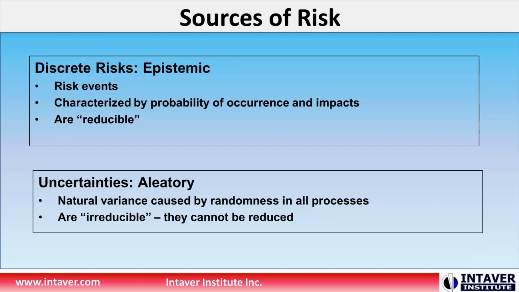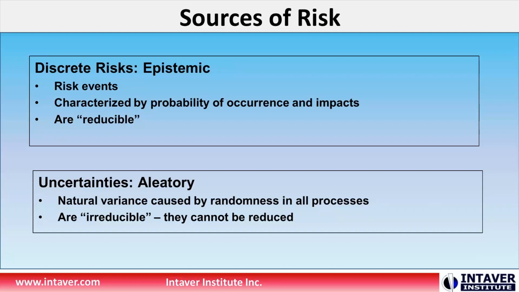But what we're seeing more recently is that the risk events and the aleatory uncertainties both have about the same amount of effect. So you have a chance to reduce about half of this, or almost half of it. But if you don't account for that aleatory risk, those uncertainties, they could also have a very big impact.